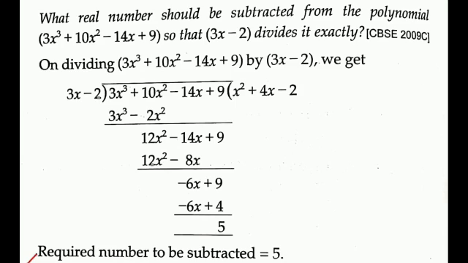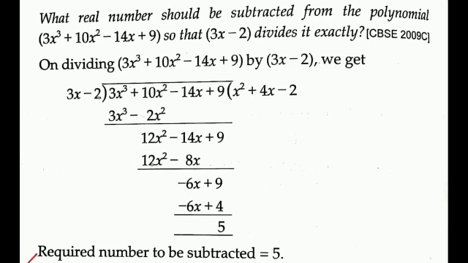To get the first term of the quotient, we must divide 3x cube by 3x and it is x square. When x square is multiplied by 3x minus 2, we have 3x cube minus 2x square. After simplification, we are left with 12x square minus 14x plus 9.